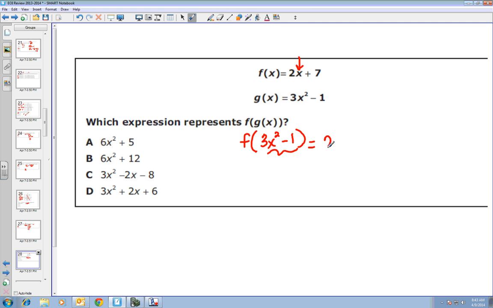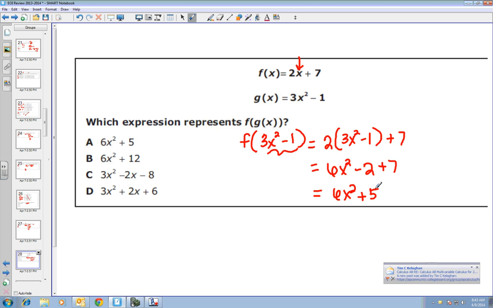So I have 2 times x, the x is 3x squared minus 1, plus 7. Distribute your 2. 6x squared minus 2 plus 7. 6x squared plus 5. So you guys remember doing those? It's exactly like what we did in the last chapter.